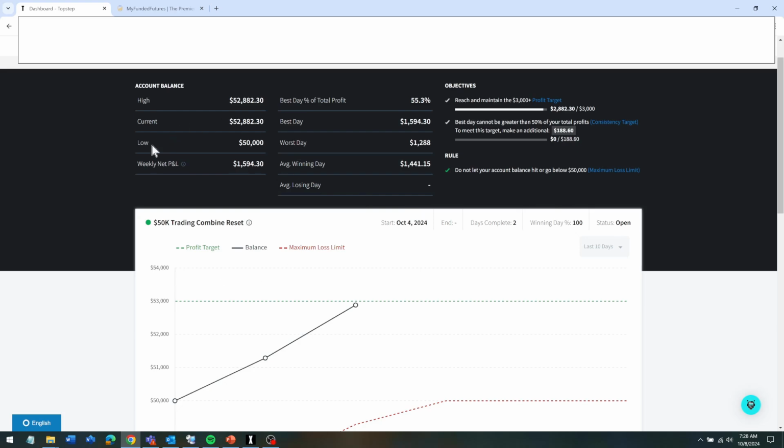You're basically trying to complete a SIM account, and then once you've completed this SIM account and you pay your activation fee, then they ease you into a live trading account.